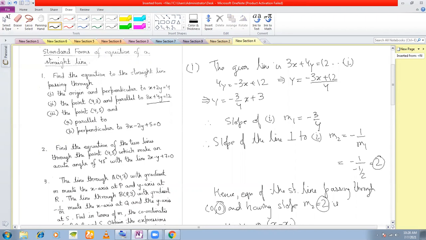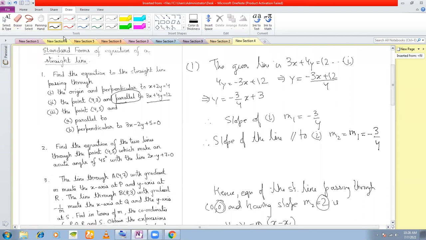But here you have to find the equation of the straight line that is parallel, right? So slope of the line parallel to 1, m2, this time it should be m2 is equal to m1, isn't it? Slope of the two lines must be equal, which is equal to minus 3 by 4. Hence, this straight line that we want to find out also passes through which point? 4, 3.